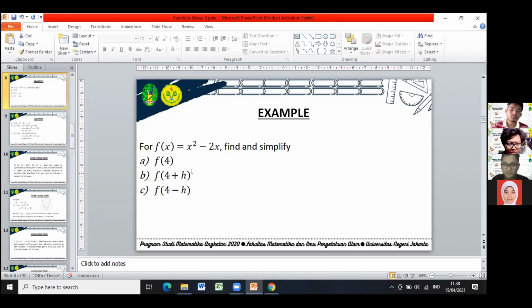For example, in point B, we have variable f and variable h. Do you get what I said?